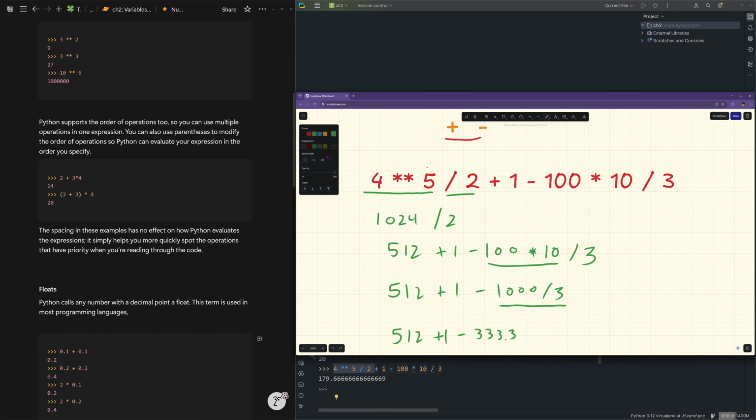So in this case, first of all we did exponentiation, but then we had one division, one multiplication, and another division. They have the same precedence, so we read left to right: 3 and 4. And finally, we did addition and subtraction. This one we did at 5th, and this one we did last at 6th.